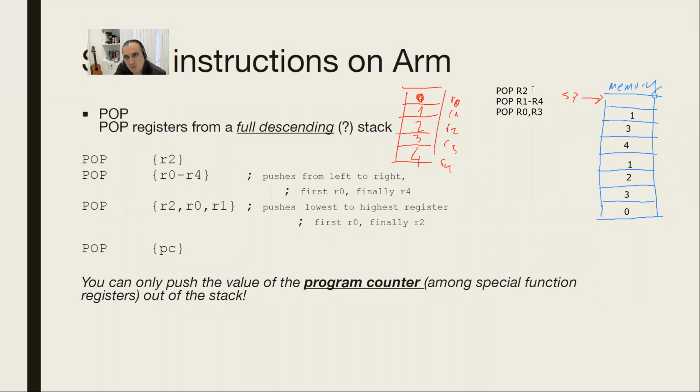So first is pop R2, which means look where the stack pointer is pointing. The value before it is the last one inserted into the stack, so it will be the first one out. So pop this value and write it to R2. Very good. In R2, I now have this value of 1. And since it is a pop operation, the stack pointer will point to here.